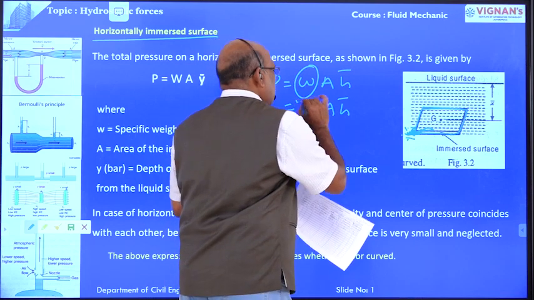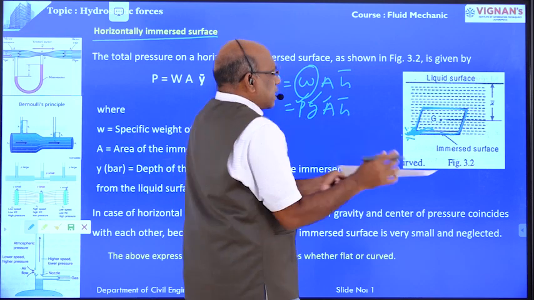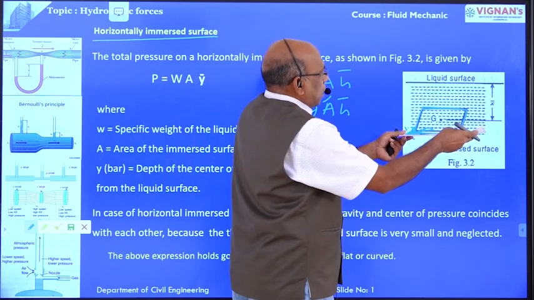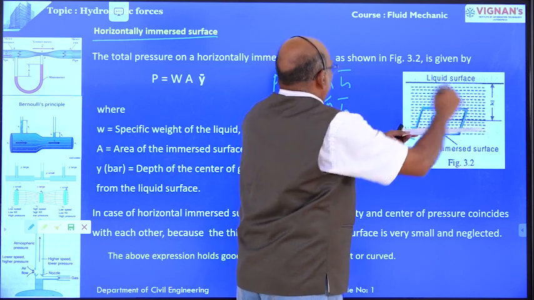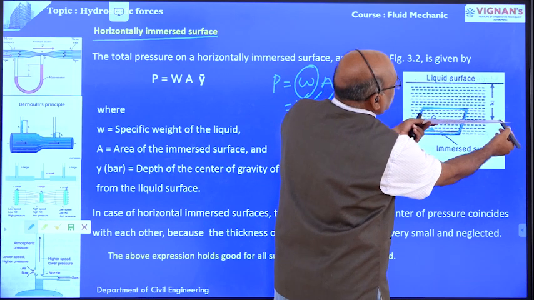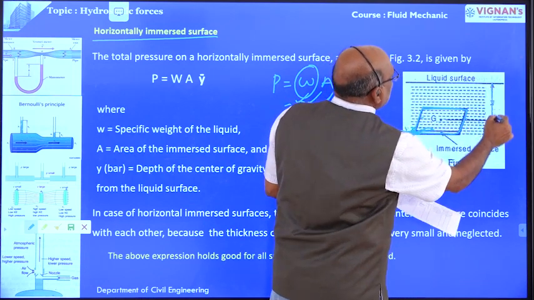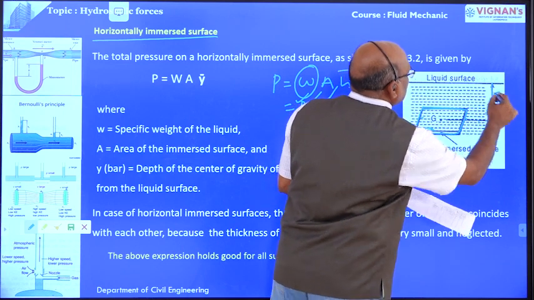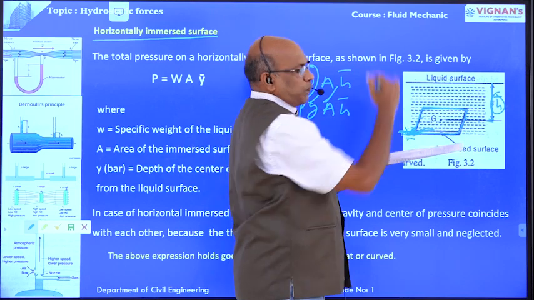Rho is the mass density of the liquid, g is the acceleration due to gravity, A is the surface area of this plane surface immersed horizontally in water. And H bar is the distance between the centroid of this plane surface up to the free surface.